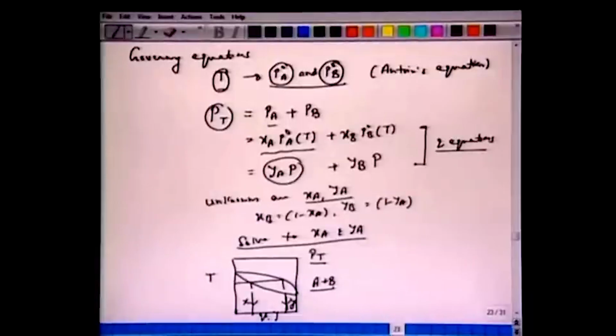Okay. So this is a small calculation we have done to calculate X and Y for a given pressure and temperature. Of course, we need to know the vapor pressure of A and B, obtained by some correlations or Antoine's equations or from some handout.